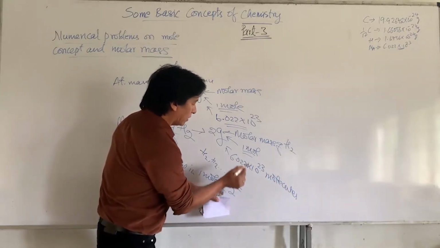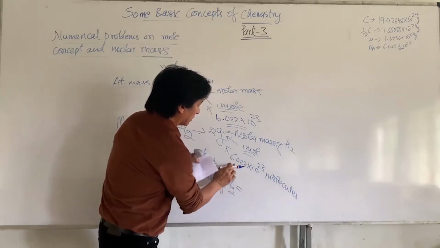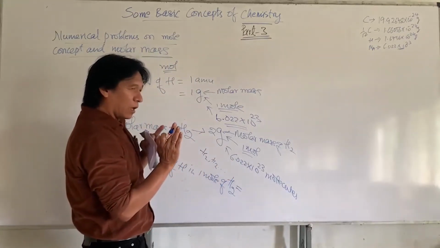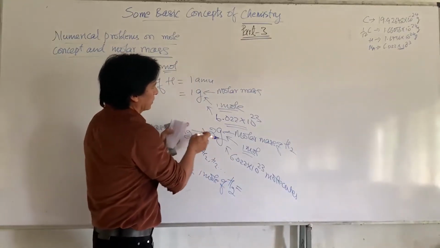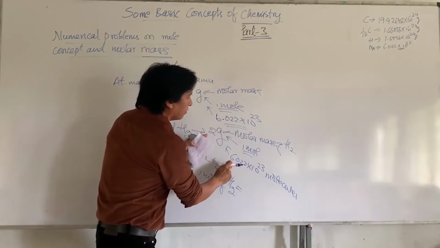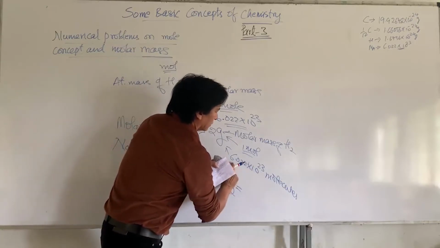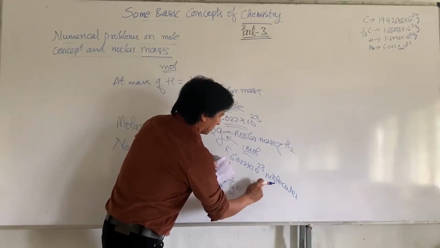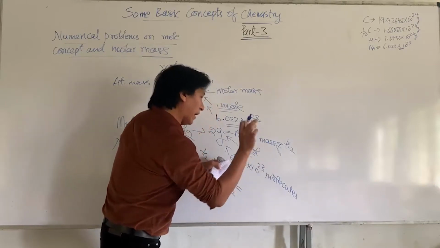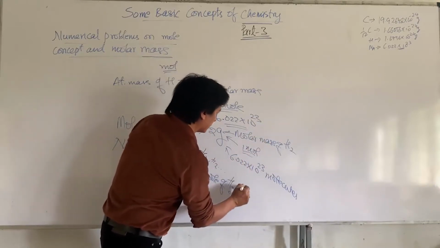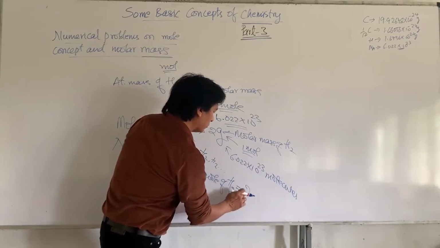So you will have to now multiply this number, that is, in 1 mole of dihydrogen you have this many molecules of dihydrogen. Now, talking about the number of atoms, you will have twice this number, because in each molecule you have 2 hydrogen atoms.